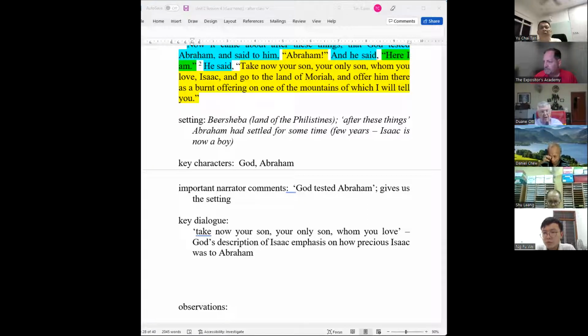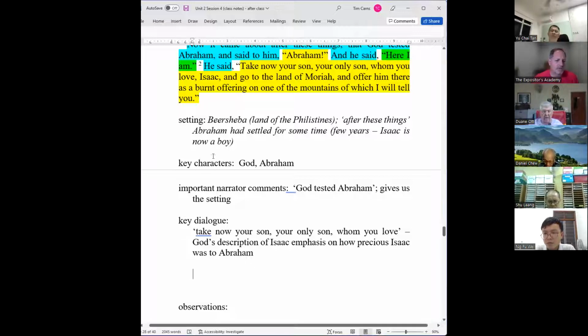So it's unclear where Abraham was, but he was there. And we know he was a three days journey from what is known as Jerusalem. It wasn't known then, but Mount Moriah later was the Temple Mount. So that could have been around 50 miles, giving us a general idea.